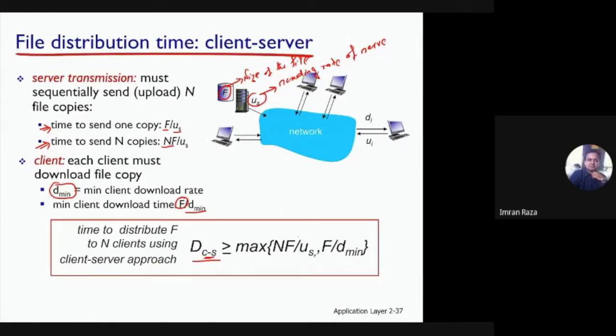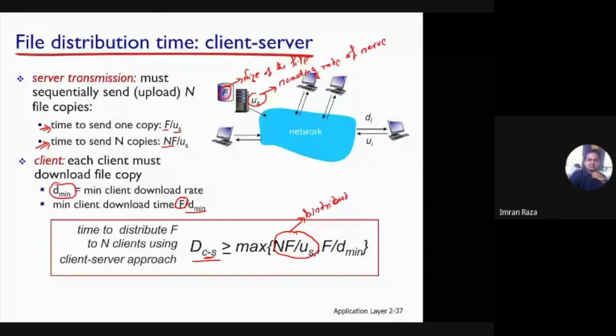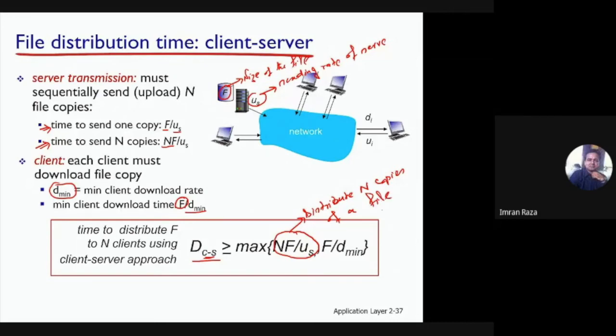What is this? Time required to distribute n copies of a file. Yes? And what is this? File size divided by the download rate of a client.